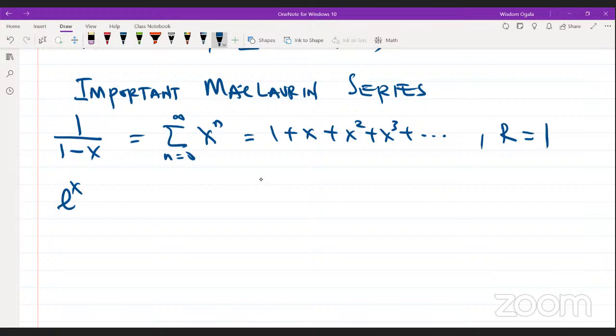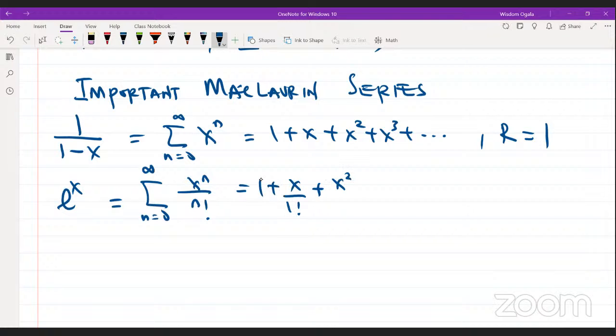We've seen e to the x. We did this as an example. If I need to write this as a sum, this is what I really have, and my R is infinity. We saw that.